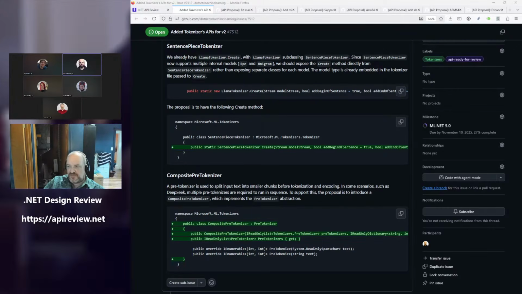We had just one special case for the Llama tokenizer, which we expose as LlamaTokenizer.Create. But for SentencePiece, we didn't have any create method. So this proposal is just to add this create method for the SentencePiece tokenizer to allow creating it directly.